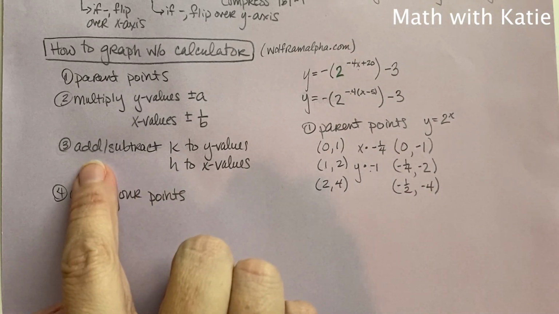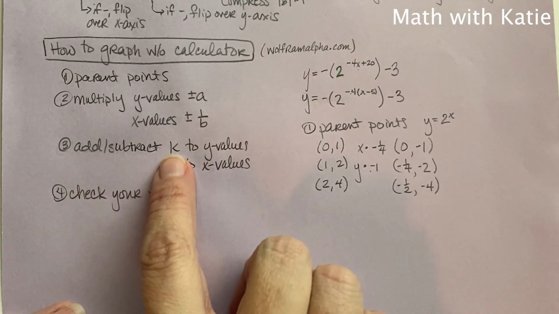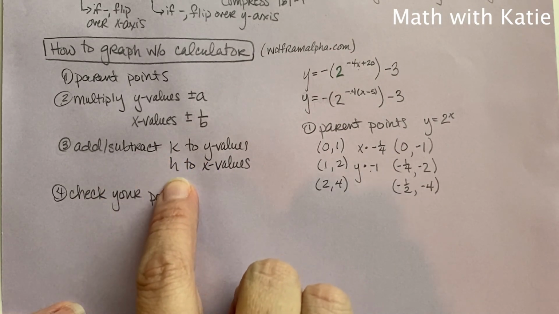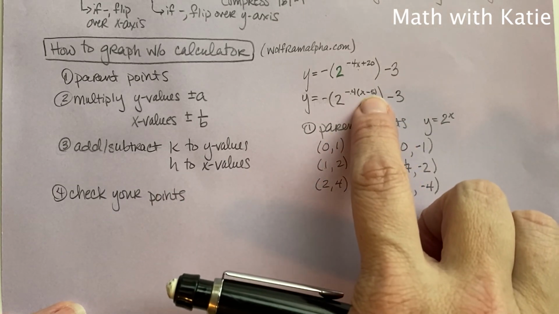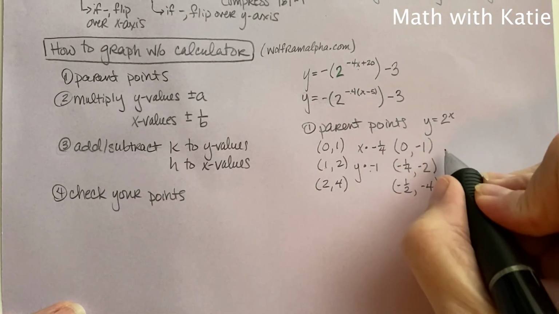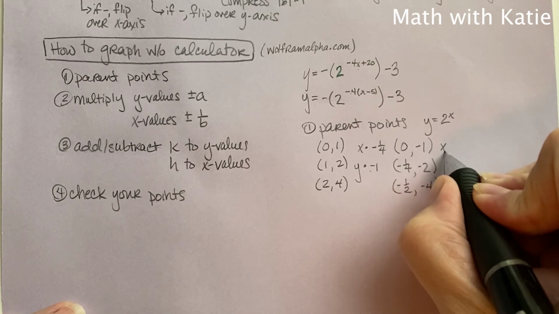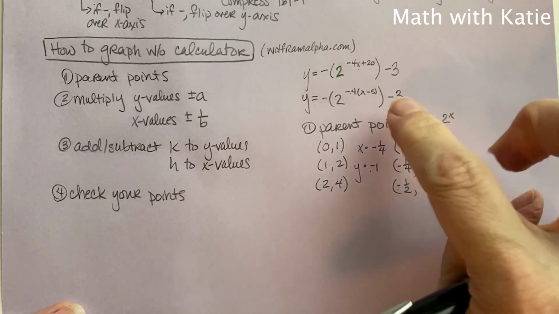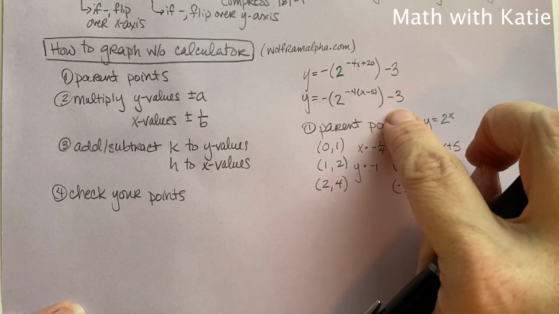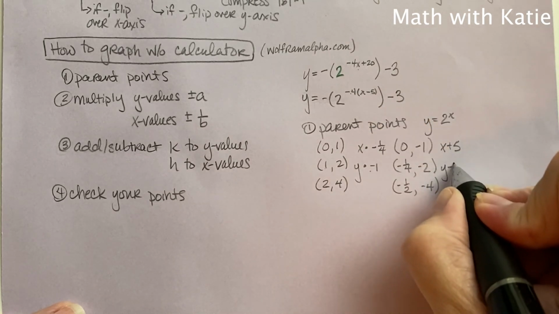Okay, our next step is to add or subtract k to the y values and h to the x values. So here our h is negative 5, but we know it's going to be opposite, so this is going to be x plus 5, and our k is negative 3, so y minus 3.